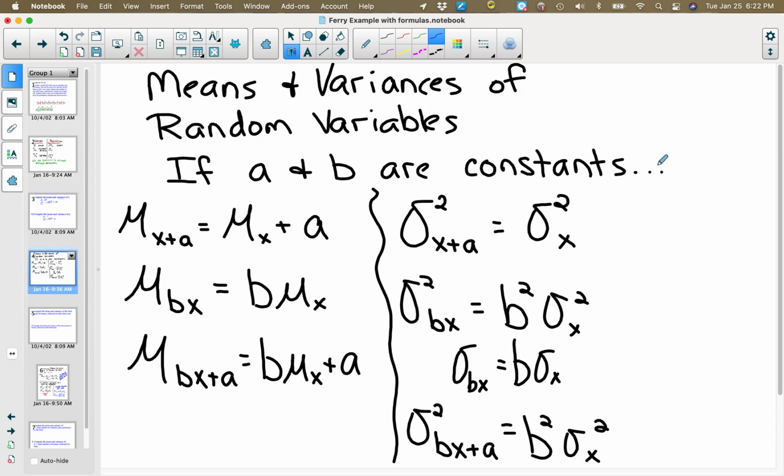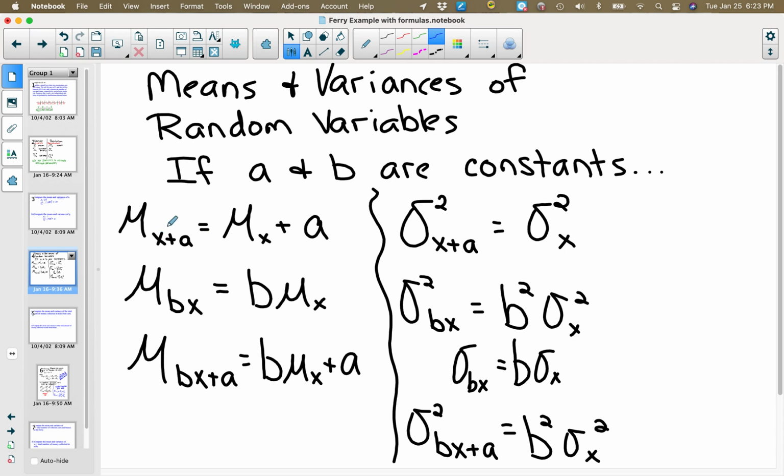On this next page, you've got some formulas. So means and variances of random variables, if a and b are constants. You might look at these and go, I don't know what these formulas are. Well, I'm going to go through and show you with some examples. If we have mu sub x plus a, that's just equal to mu sub x plus a.